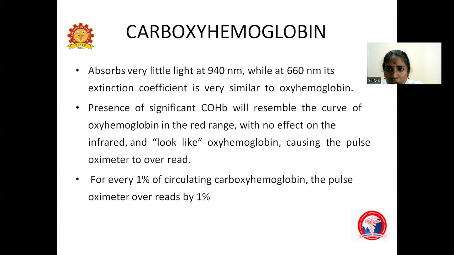Similarly, carboxyhemoglobin absorbs very little light at 940 nanometers, while at 660 nm its extinction coefficient is very similar to that of oxyhemoglobin. The presence of significant carboxyhemoglobin resembles the curve of oxyhemoglobin in the red range, and it has no effect on the infrared range, so it looks like oxyhemoglobin, causing the pulse oximeter to overread.